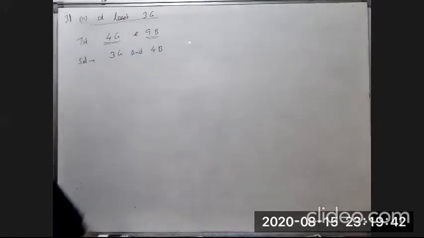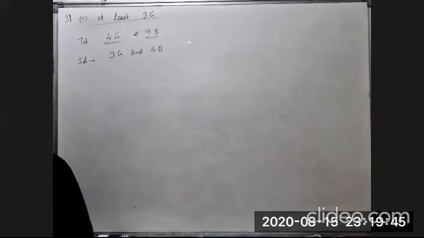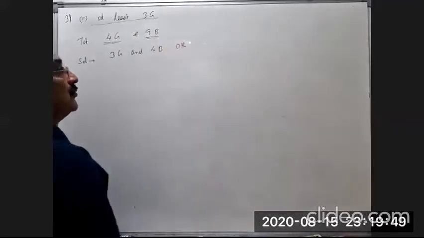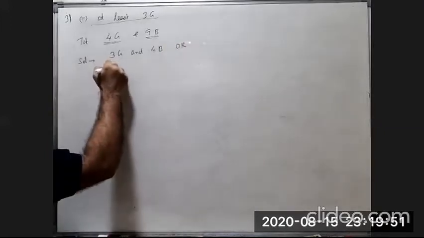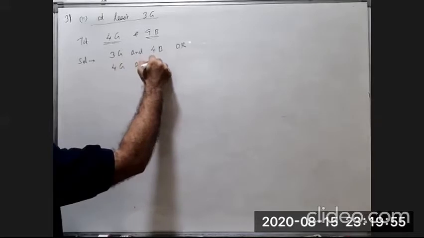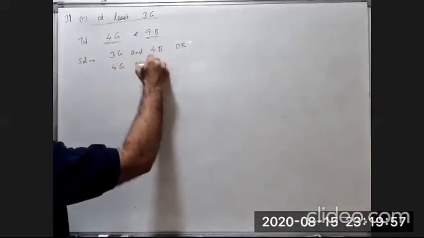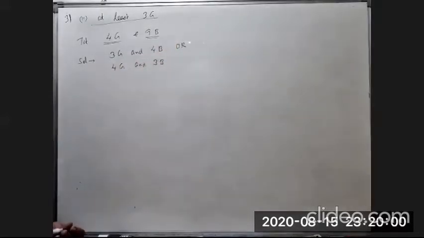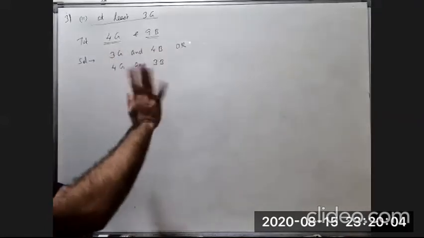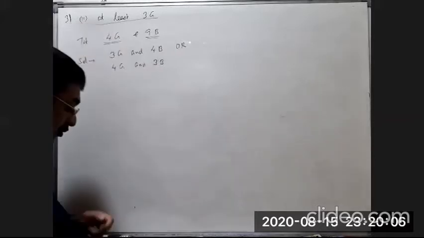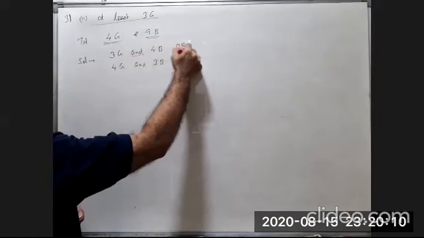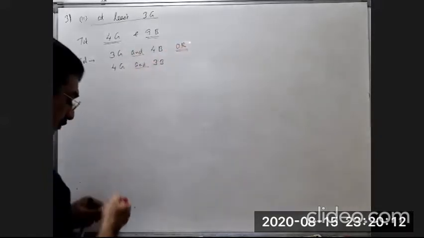So we selected 7. Is that all? No. Or it can be 4 girls and the remaining 3 boys. At least 3 girls, 5 girls is not possible because we have only 4 girls.